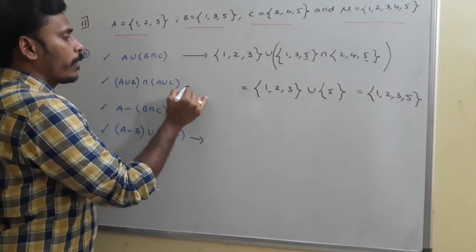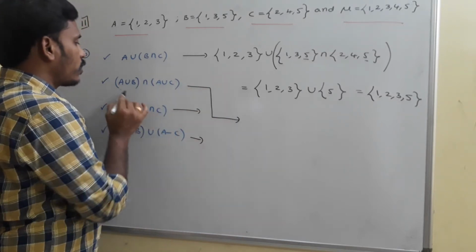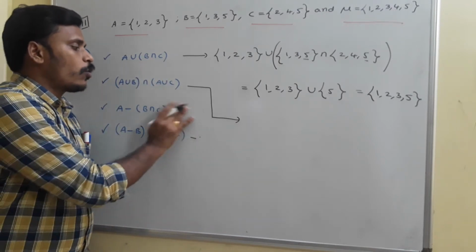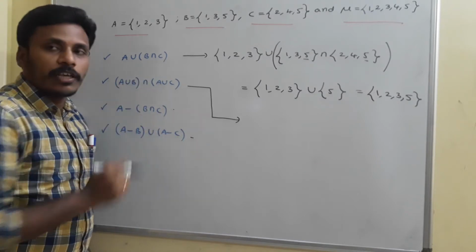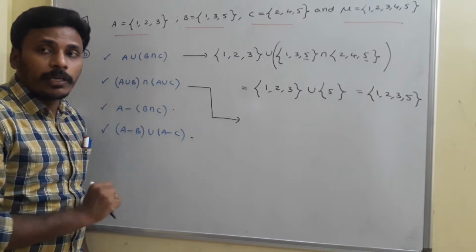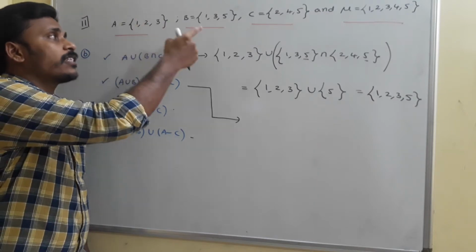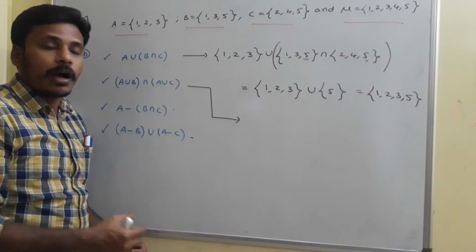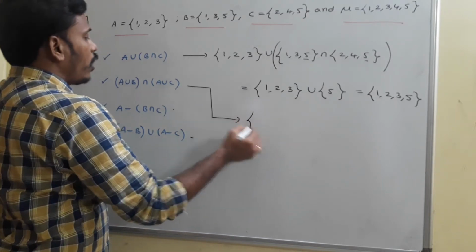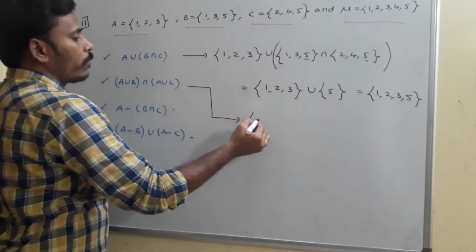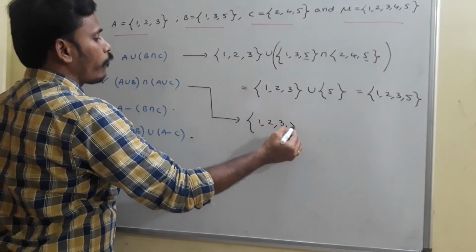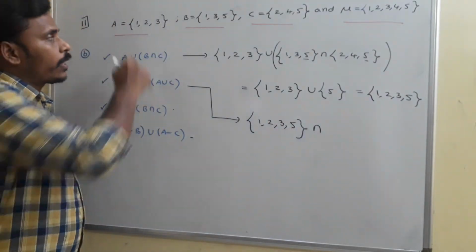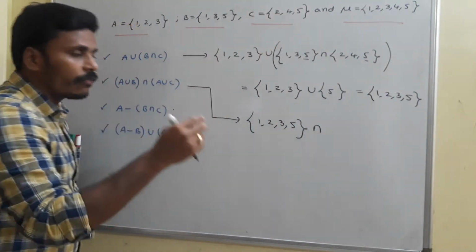So if you find directly, this A union of B intersection C is {1, 2, 3, 5}. And then you just think about this A union B intersection A union C. So what is A union B and what is A union C? A union B means elements in A as well as in B. All the elements you need to collect from A, also from B. So A union B, we wrote in the previous point: {1, 2, 3, 5} is A union B. Intersection A union C. Elements from A, elements from C we need to write.